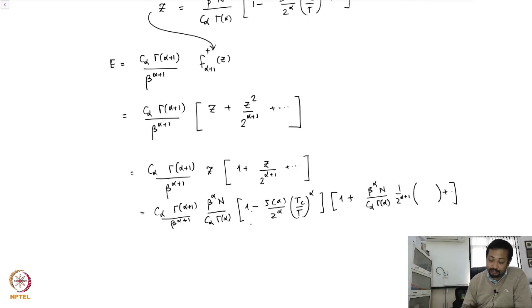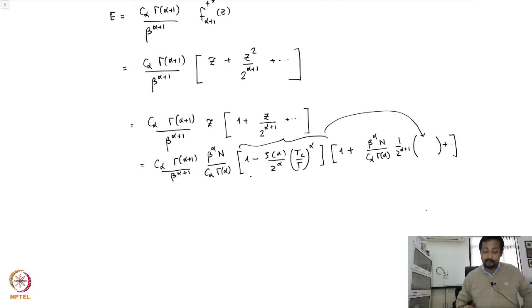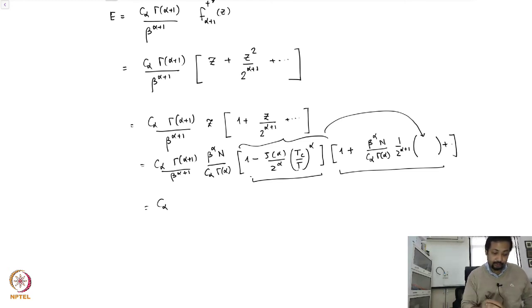So this expression is going to again enter over here, but we will ignore it because after all it's a product of this term and this term. So we will write this as C alpha. A lot of things cancel out. So first let's look at the cancellations here. C alpha cancels out, beta alpha cancels with beta alpha.